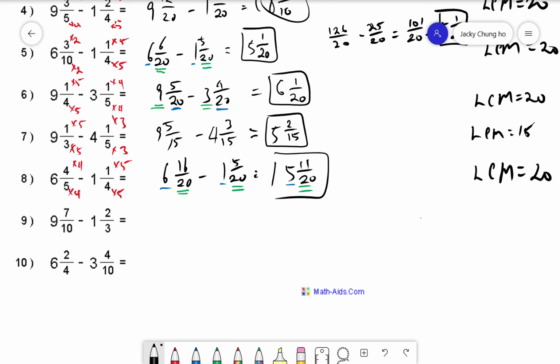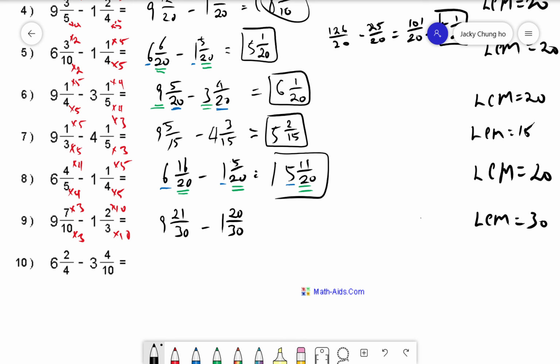Number 9, I'm looking at the denominators of 10 and 3, so the LCM is 30. Multiply by 3 in the first fraction and 10 on the second one. So it will be 9 and 21 over 30 minus 1 and 20 over 30.